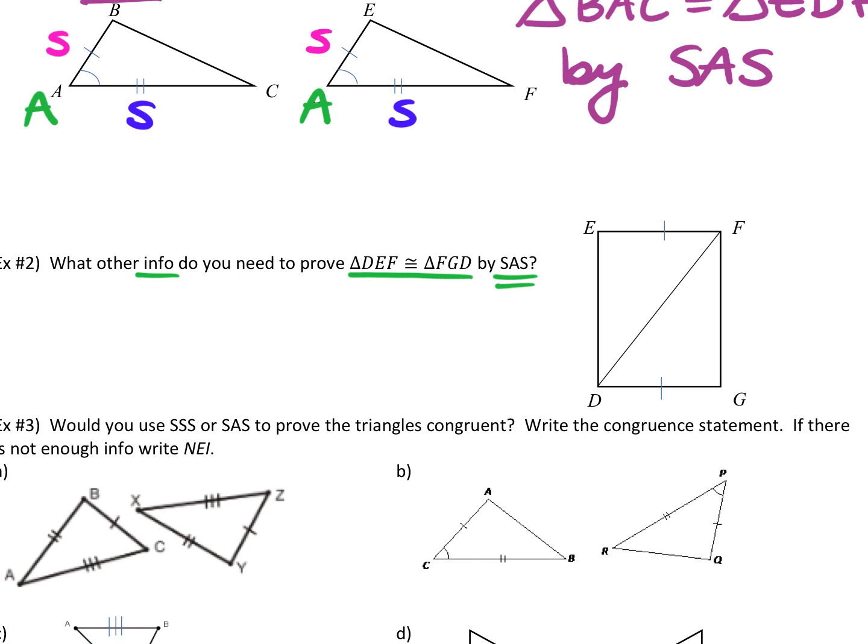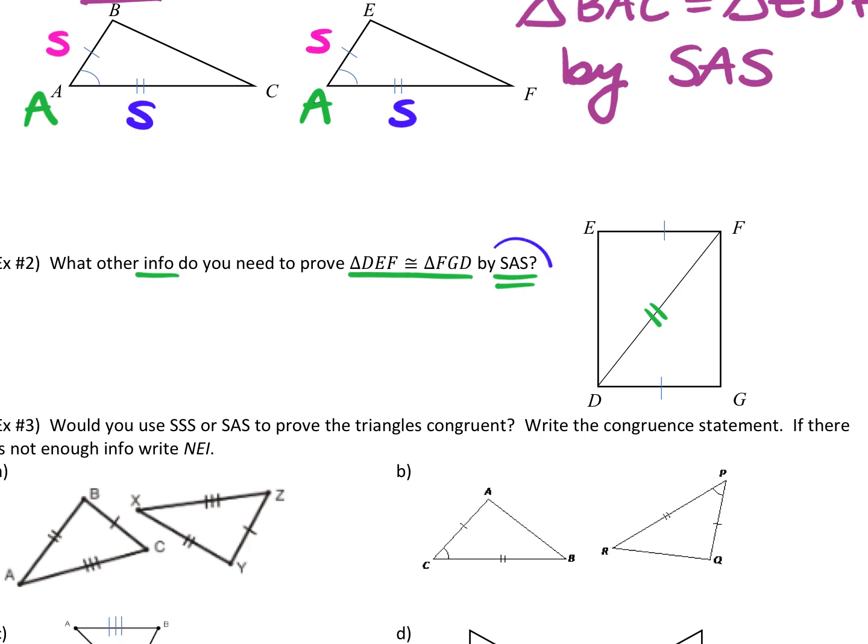We don't know they're parallel. We don't know ED and FG are congruent. What do we know about these two triangles? They have a same line. Yes, they have a same line. They have a reflexive side, right? So without being told, we know those are congruent.